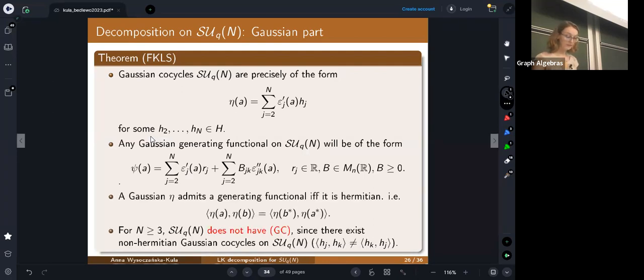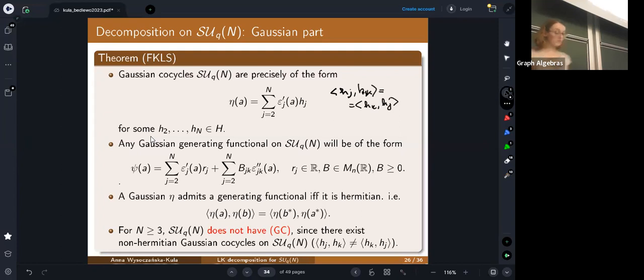The point is that it's no longer true that any Gaussian cocycle will give rise to a generating functional, because this will happen if and only if we have this Hermitianity condition on eta, which means that eta given by this formula will admit a generating functional whenever the vectors a_j satisfy the condition: the inner product of a_h and a_k is real.